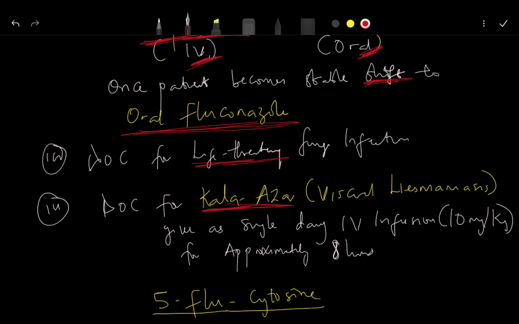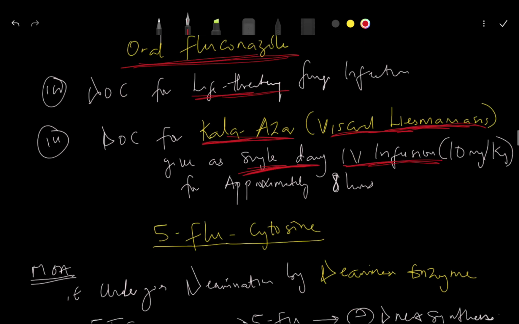Kala-Azar is actually a non-fungal infection, also called visceral leishmaniasis. To treat this one, it's given as a single daily infusion. Just give it once, just that day. You give the IV infusion for just that one day. The way you calculate it is that it is given as 10 milligrams per kg, so depending on the weight of the patient, that's how you administer.